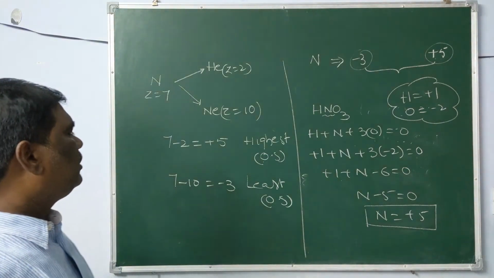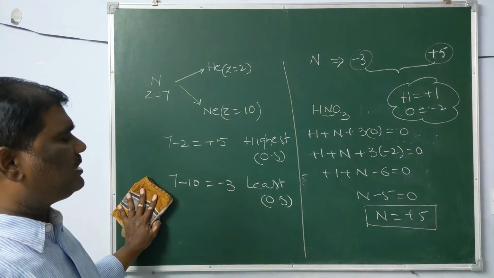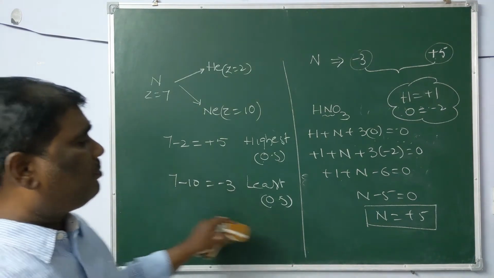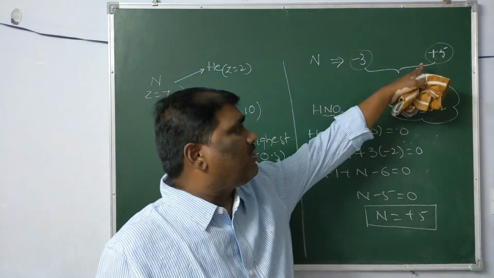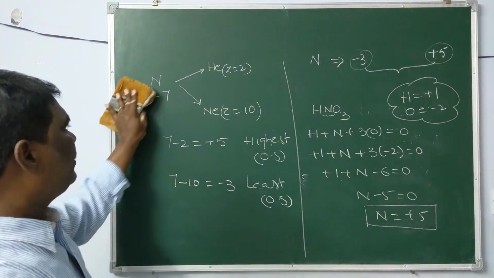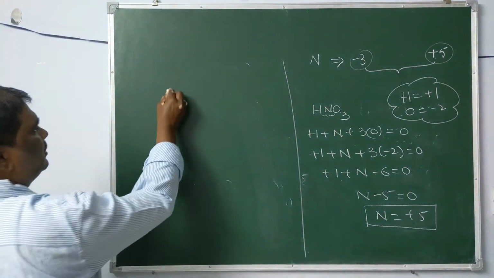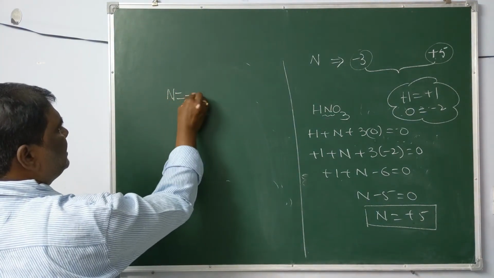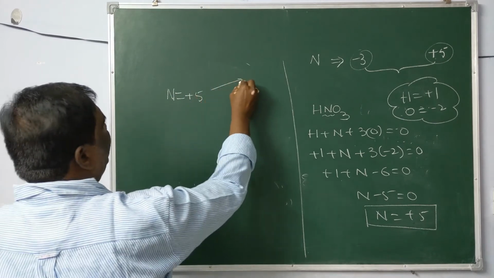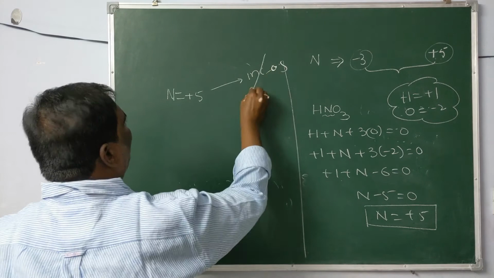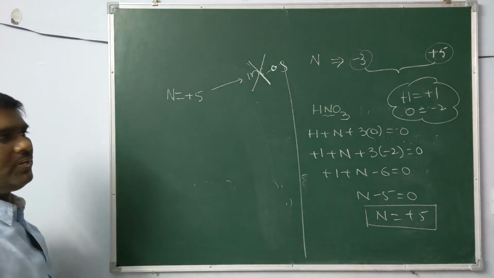You know the possible oxidation states of nitrogen. Plus 5 is the highest oxidation state. So what is the possibility? Nitrogen has no possibility to increase its oxidation state.